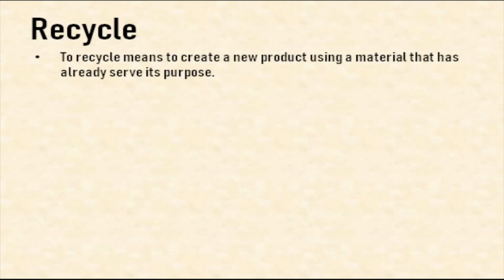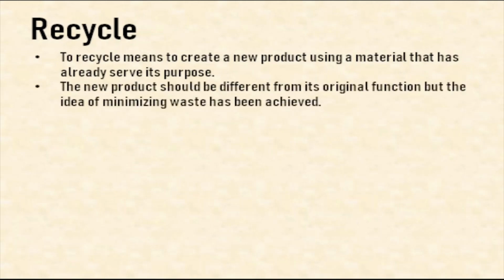Recycle. To recycle means to create a new product using a material that has already served its purpose. Recycling produces a new material out of a discarded one, while reusing uses the same material again for the same or different purpose. For example, glass bottles can be reused as containers of other liquids or materials.